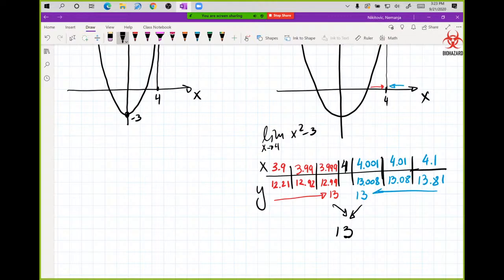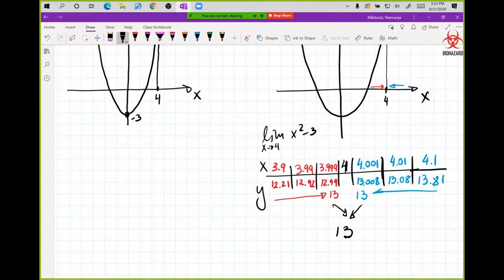You have to notice that a limit never computes at 4. A limit computes the values at infinitely many points around the point you're interested in, and it never computes the point you're interested in. Pre-calculus computes that point. So pre-calculus would just compute there and give you the answer 13.